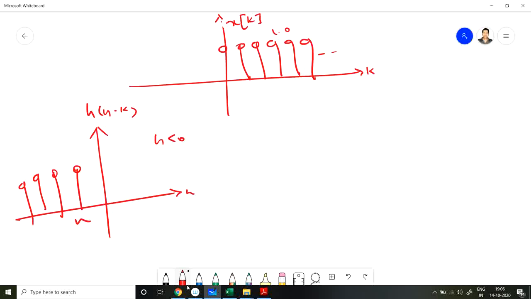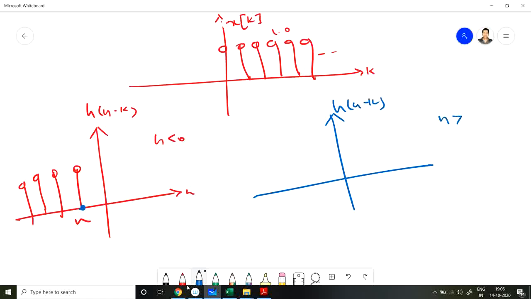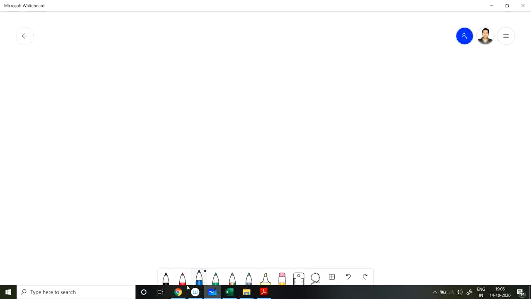So it is shifted to the negative side. This is the n point. Then we have h[n minus k] when n is greater than 0. So this is figure 1.